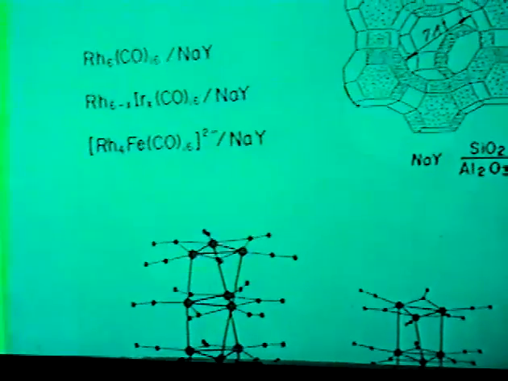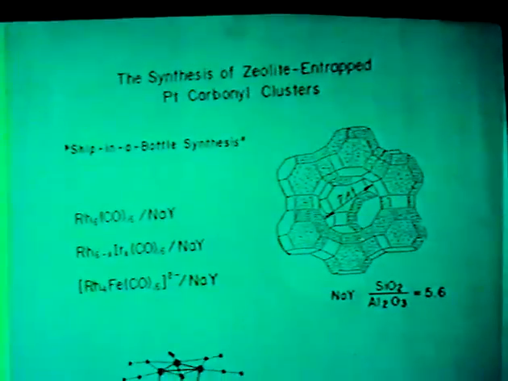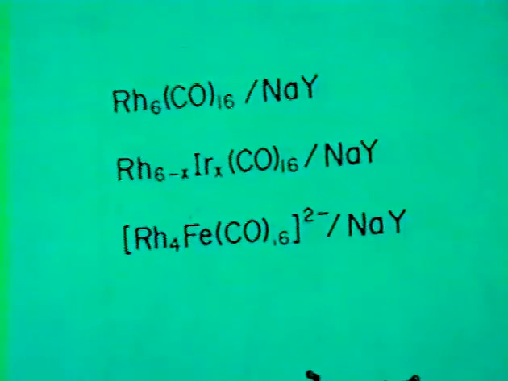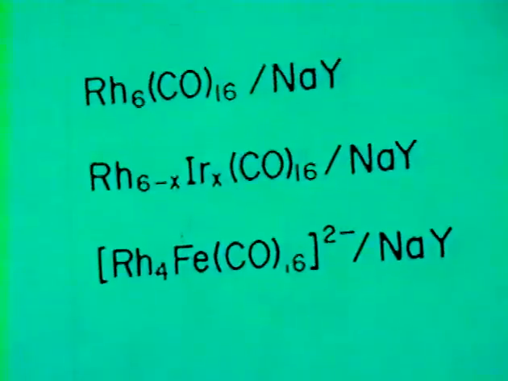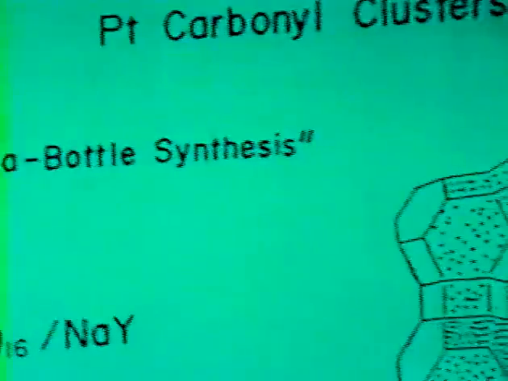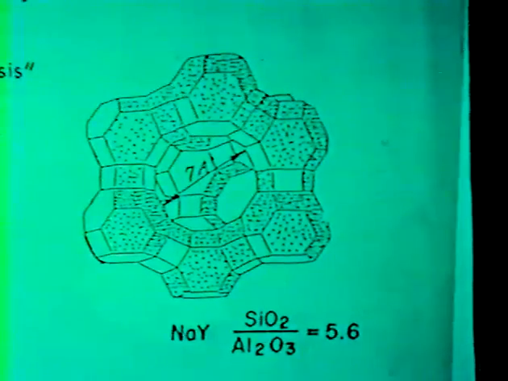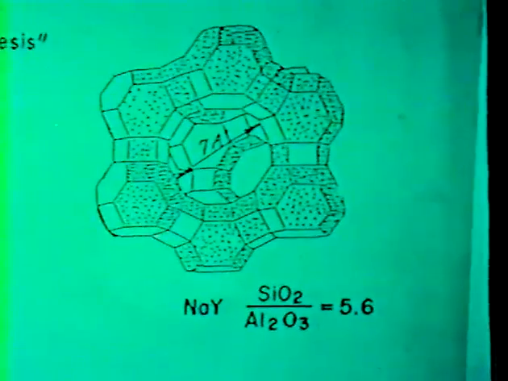Primarily, the zeolite micropores are taken as a nano-sized reaction vessel to proceed with organometallic synthesis to provide selected metal carbonyl clusters which are accommodated inside the zeolite constraint.